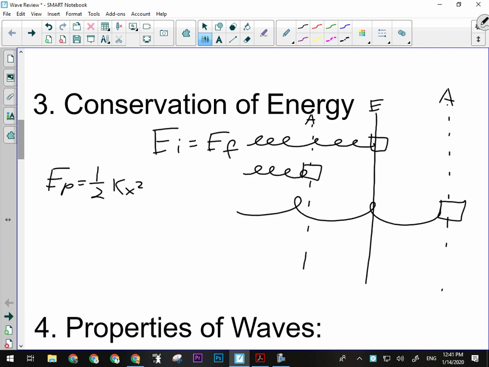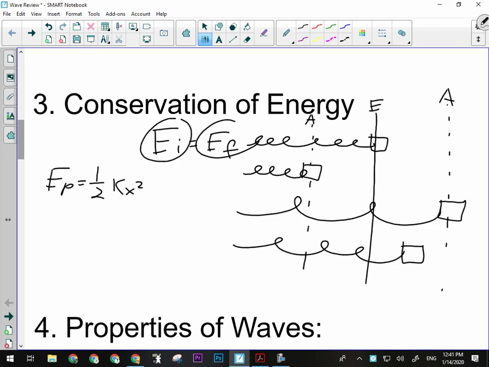Any other positions, it would have both, some potential, some kinetic. The big thing though is that the mechanical energy at any position, even if it was here, the energy at all of those positions is equal. Key to know that.